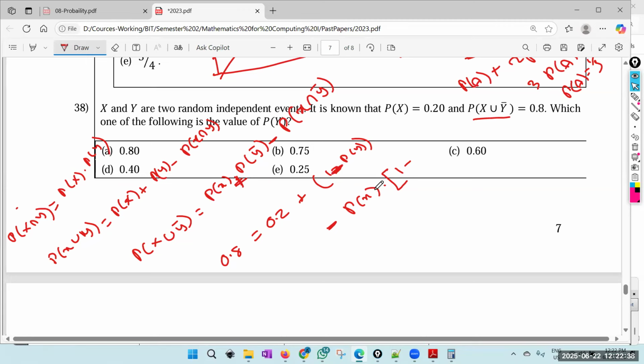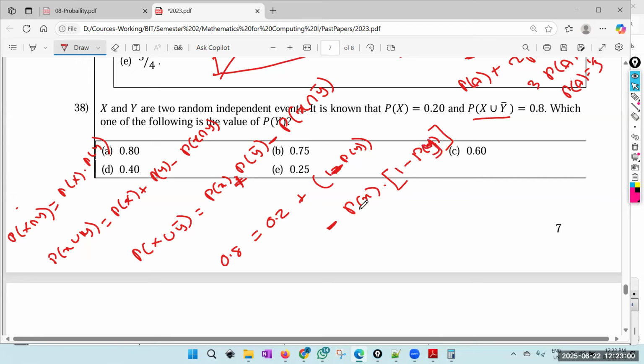What we need is P(Y), right? So this is P(X) times 1 minus P(Y).